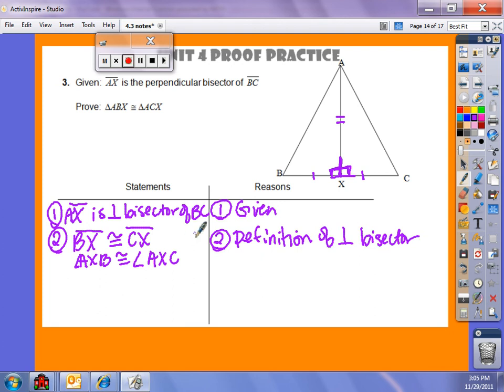So here I got a side, here I got an angle, and now I just need to mention this last side, and then I'll have side, angle, side. So the last part that we have to prove is that AX is congruent to AX. This is because of the reflexive property again.